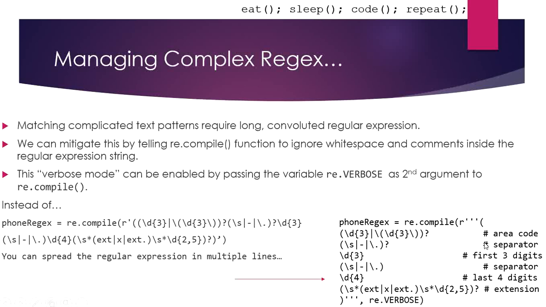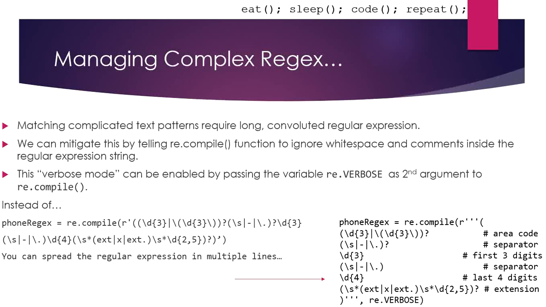One thing to notice here, very important, is that we are using three quotations, with closing quotations as well, which tells the re.compile function that we are going to have a multi-line thing.